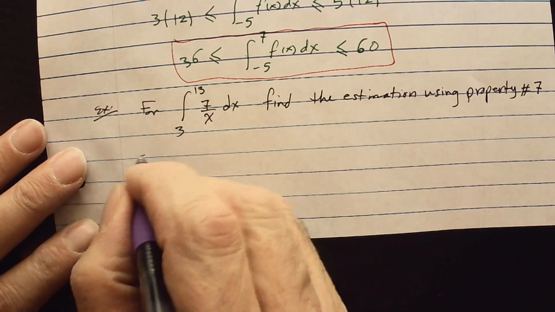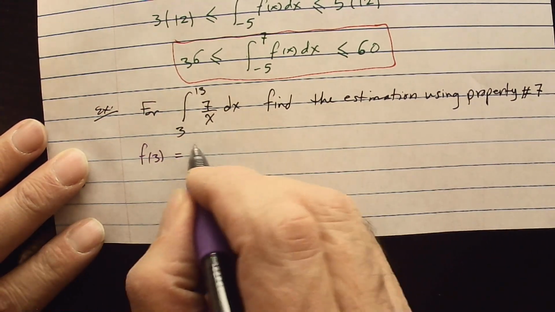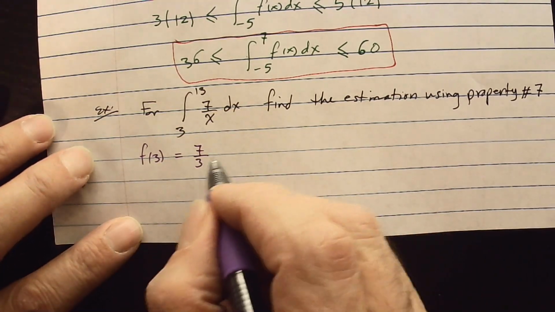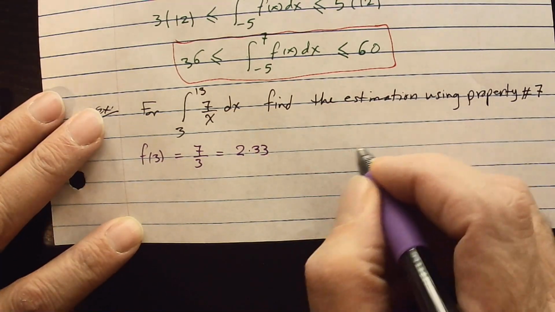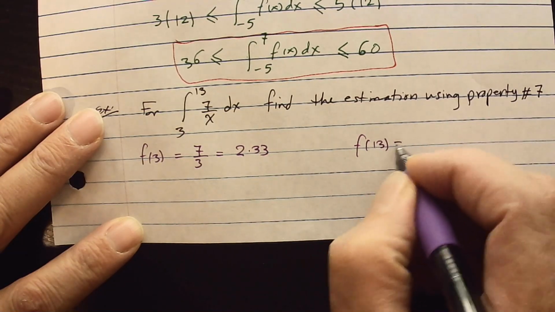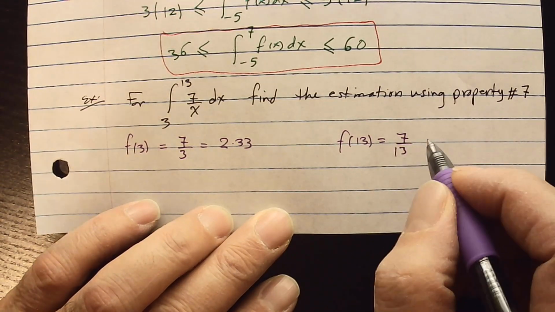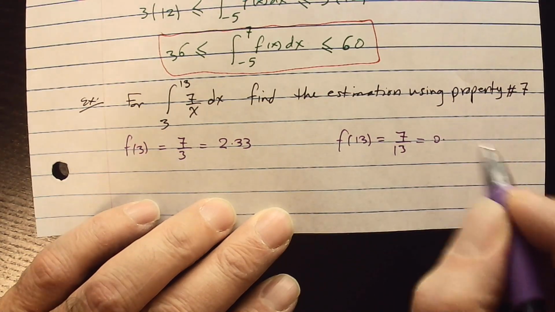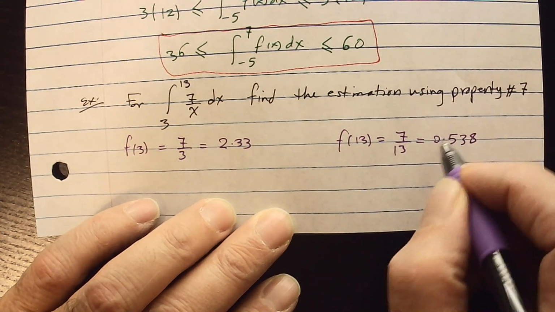Here we can go to f of 3 is 7/3, which is 2.33, and f of 13 is 7/13, which is 0.538.